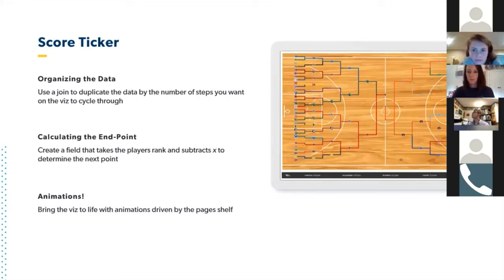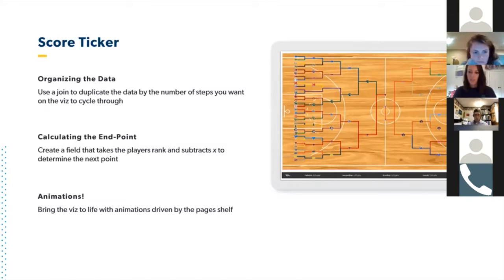So there's a few things that needed to happen. One, organizing the data. To get the score ticker to work, we needed to get the data in a certain shape so that we could utilize the play button on the pages shelf for it to cycle through different points in that graph. The next was calculating the endpoint.